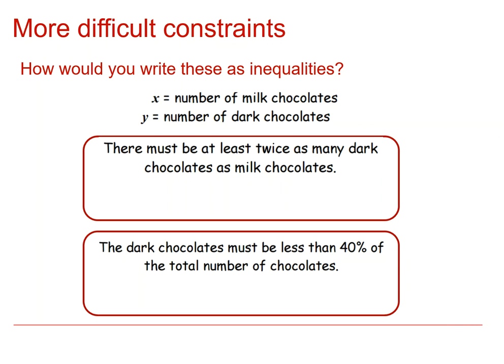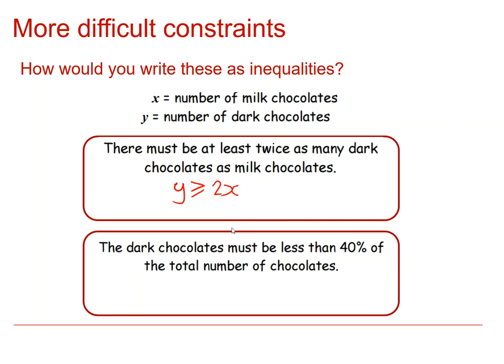But if you think about it carefully, what it's saying is that the number of dark chocolates, so that's just y, has to be at least twice the number of milk chocolates. So that actually means that y must be at least 2x. And so we'll write that in the following way. We'll say that y is greater than or equal to 2x.